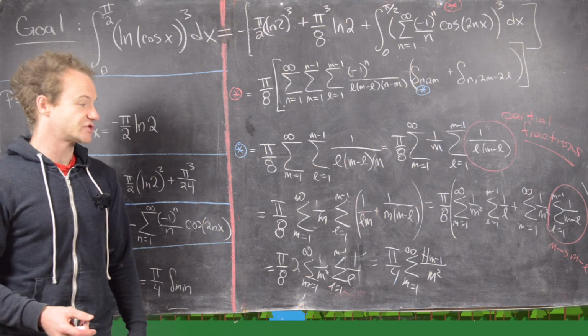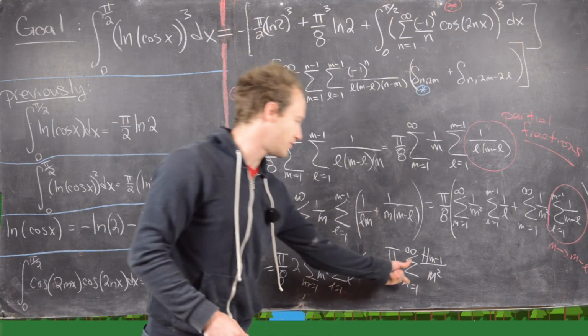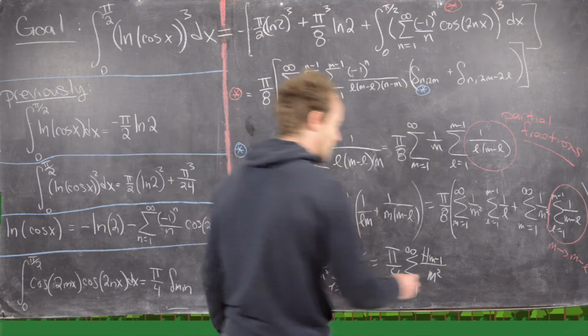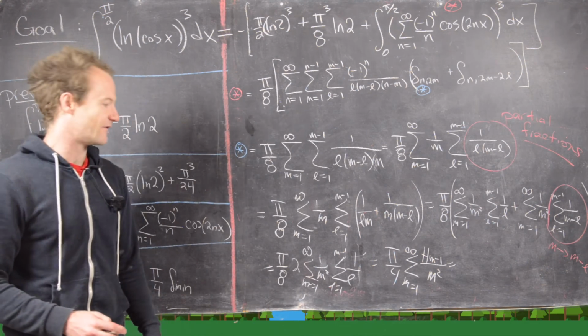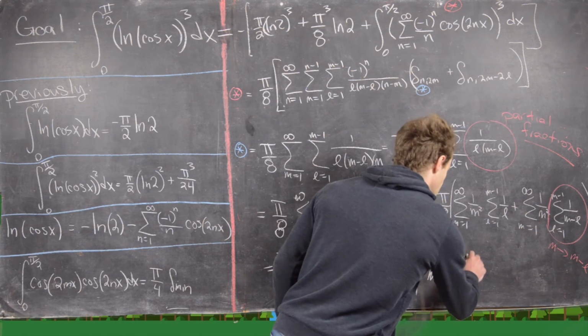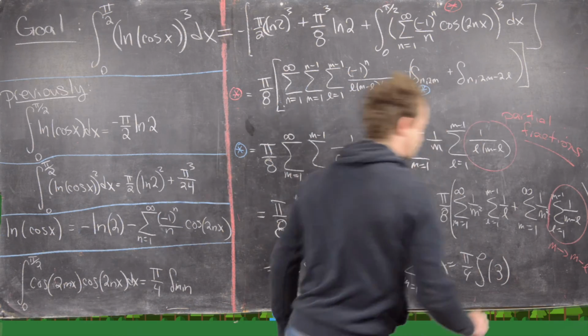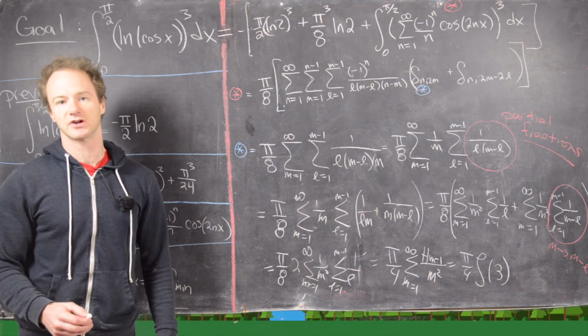Now, I'm going to introduce a little plot hole into our saga, and that plot hole is the fact that this sum of harmonic numbers over m squared has a nice formula. This is equal to pi over 4 times the Riemann zeta function evaluated at 3. So there's a plot hole in our story.